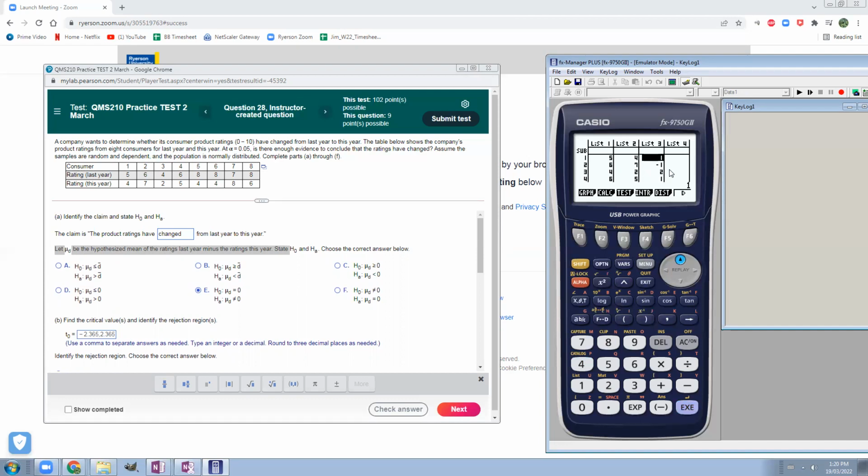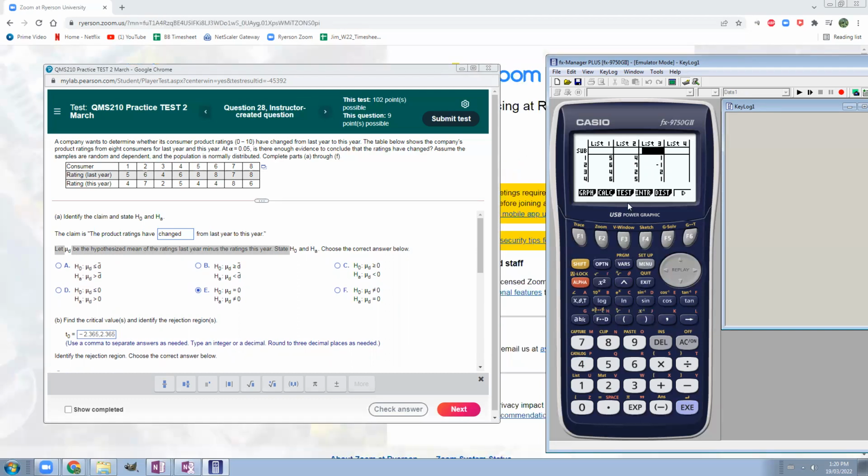All right, so list 3 is where our differences are. Now we're going to go test, T 1 sample, and our data is in list 3, which has our differences. The question was whether that difference is equal or not equal to 0, right?